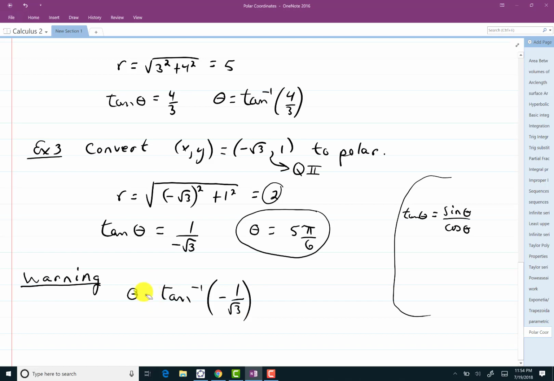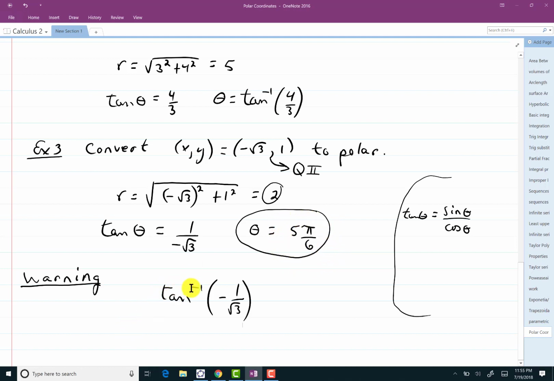Watch what I mean. Your calculator is programmed, and indeed many arctangent functions are defined, where it outputs an angle between negative pi over 2 and pi over 2. This angle here is not between negative pi over 2 and pi over 2.